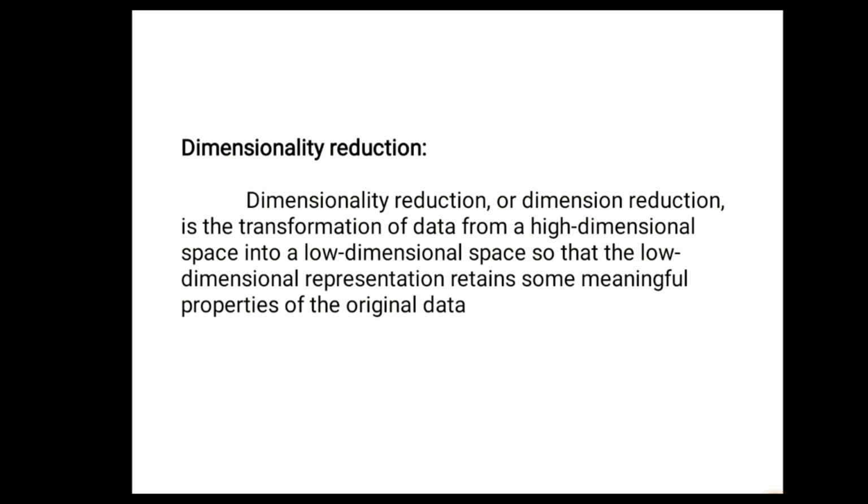Dimensionality reduction, or dimension reduction, is the transformation of data from a high dimensional space into a low dimensional space. The low dimensional representation retains some meaningful properties of the original data. This process is necessary for real world applications as the data size is big.